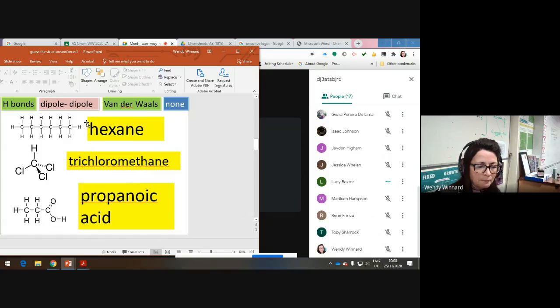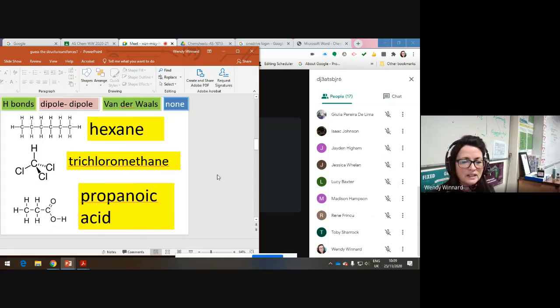Well done. So it's when there's a difference in electronegativity between the atoms, and obviously it's difficult to see if you've not got a table of electronegativity, but by rule of thumb, group 7 and nitrogen and oxygen are electronegative atoms. So group 7, oxygen and nitrogen.